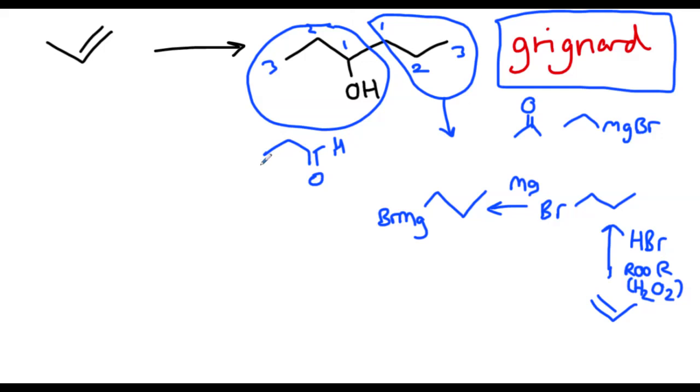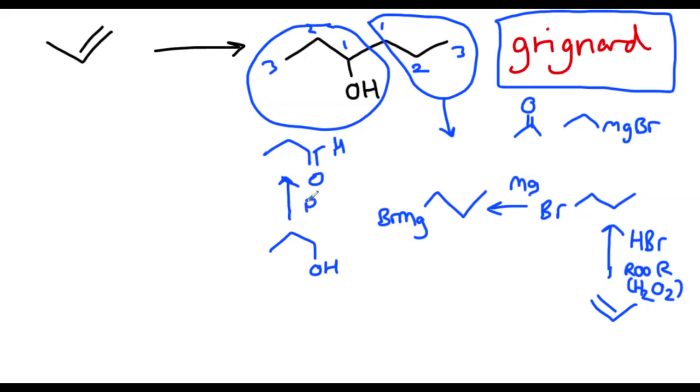But what about this guy? What can I do to make that? Well, the only reaction we've seen to make an aldehyde, apart from using an acetylide, but we don't want to add carbons here, the only way we've seen that so far is from a primary alcohol. But what if I want to make an aldehyde without going all the way to a carboxylic acid?